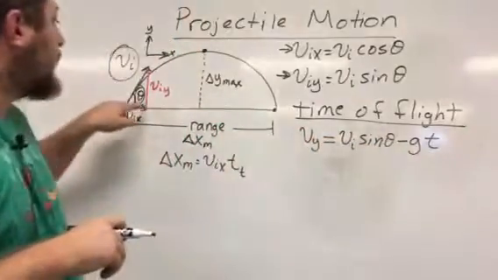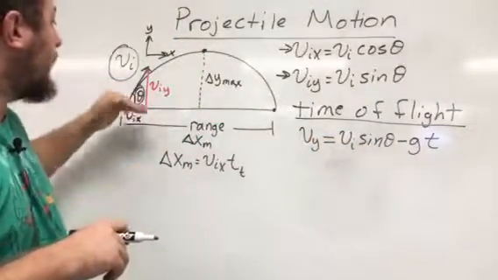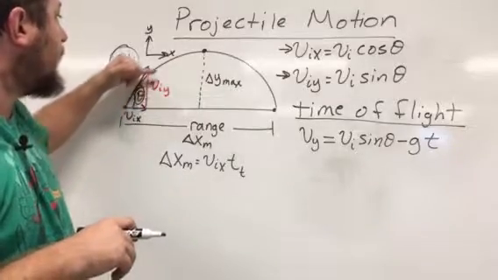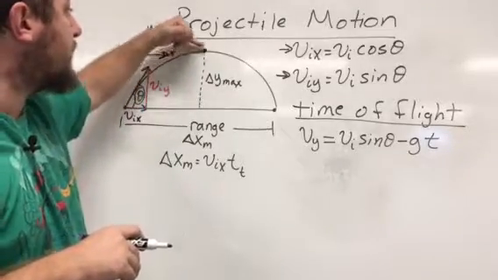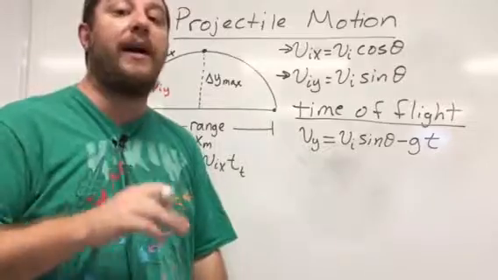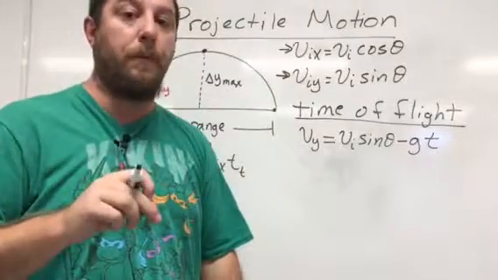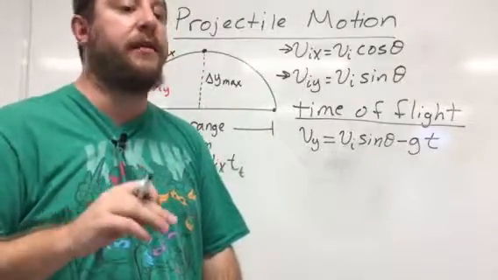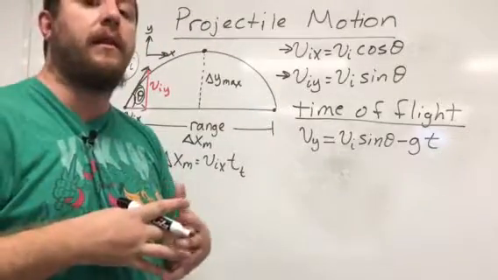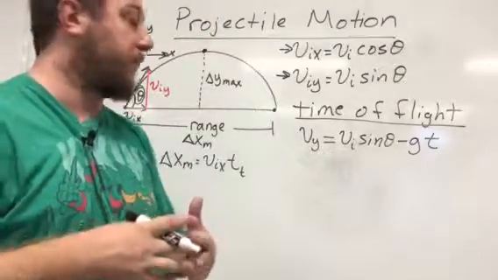Again, in the y direction, my velocity is going to be constantly decreasing as my projectile rises, and at the peak, the velocity in the y direction will be 0. This is why breaking the problem up into its components is so useful.